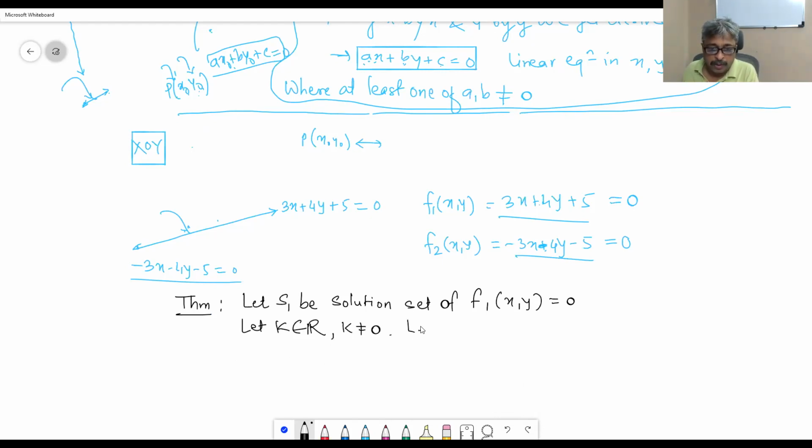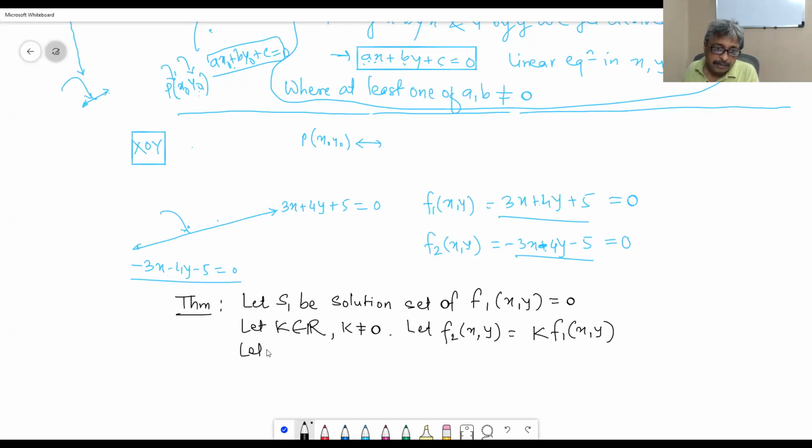Let f2 of x comma y is equal to k times f1 of x comma y.